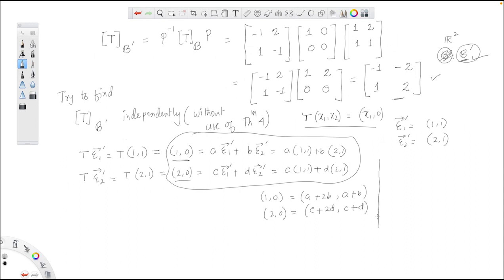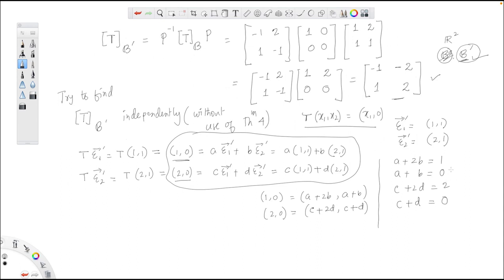So no, I think we have a system of four linear equations in four unknowns. It's not just a system of two linear equations, sorry for that. So what we have is A plus 2B is equal to 1, A plus B is equal to 0, C plus 2D is equal to 2, and C plus D is equal to 0.